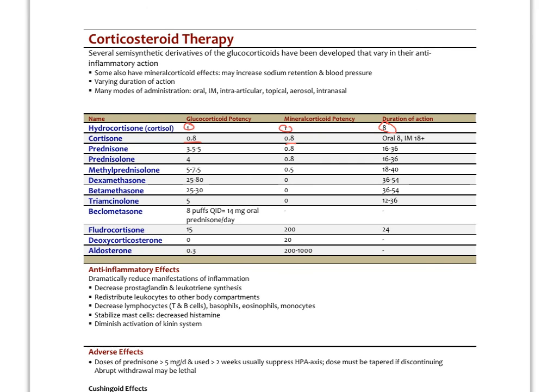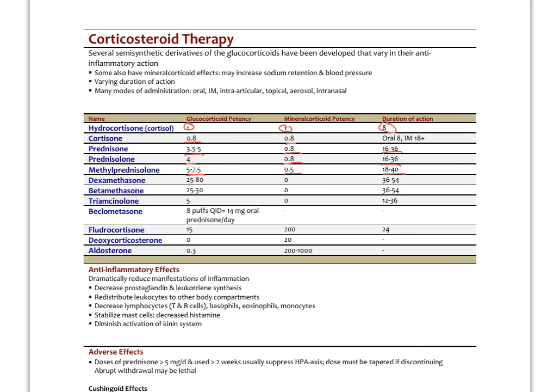Prednisone has up to 5 times the activity of hydrocortisone, but a little bit weaker as a mineralocorticoid, which is good, but up to 3-day half-life. Prednisolone, that's about 4 times the potency of cortisol, again, weak mineralocorticoid, again, fairly long half-life. Methylprednisolone up to 7.5, even less mineralocorticoid activity, up to 40 hours half-life.